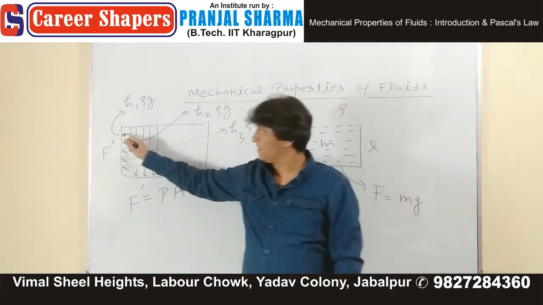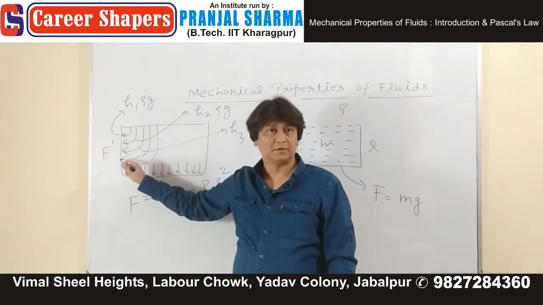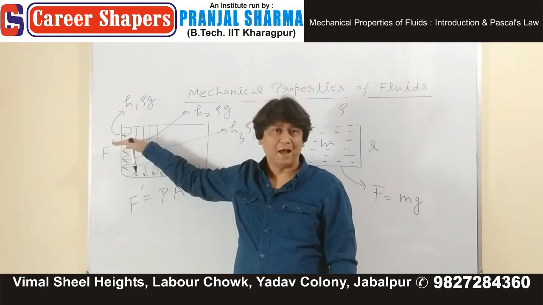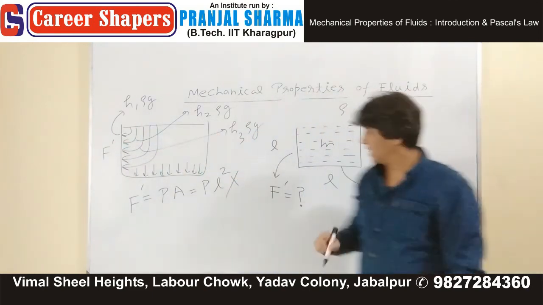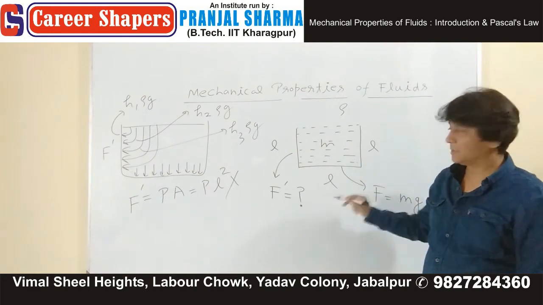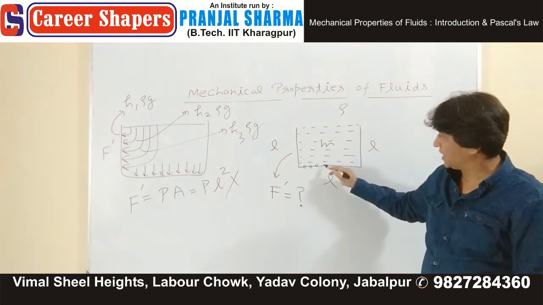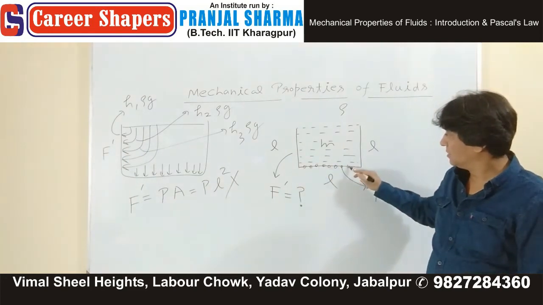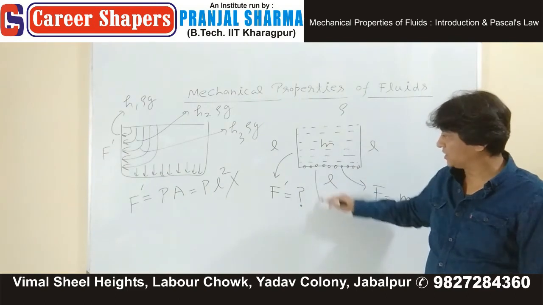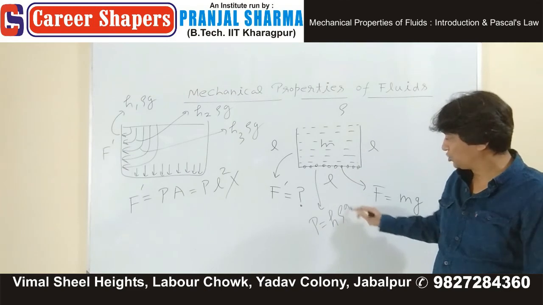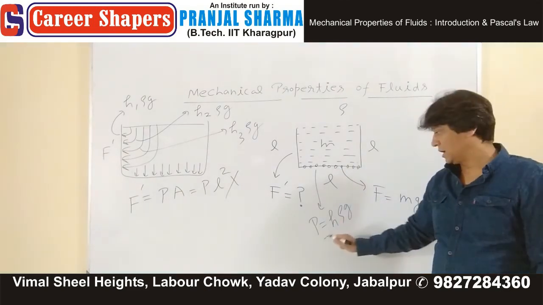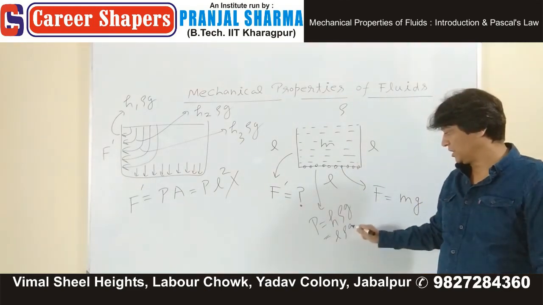So at different heights or depths, pressure is different. Whereas in this case, at every place, pressure is the same, and it is H rho g, where H is L, so L rho g.